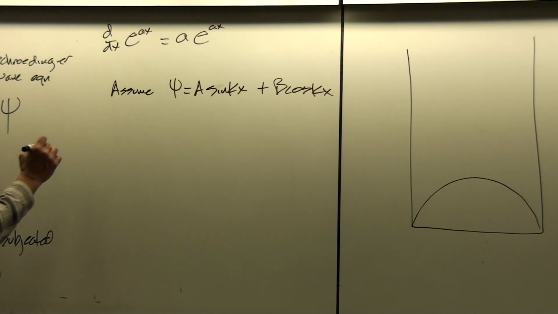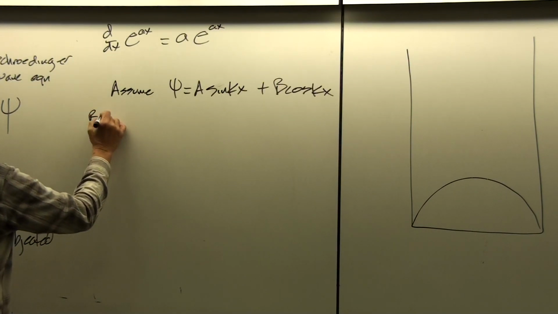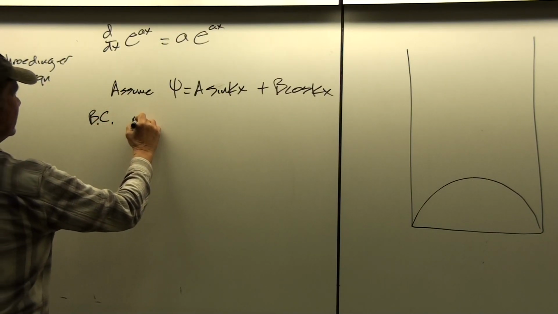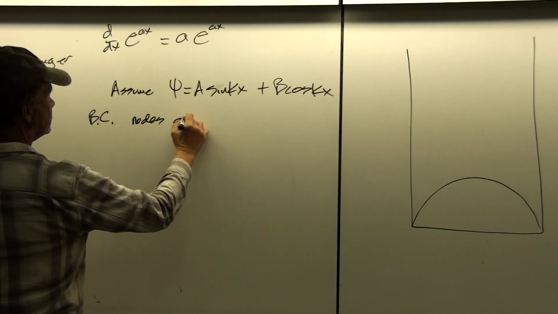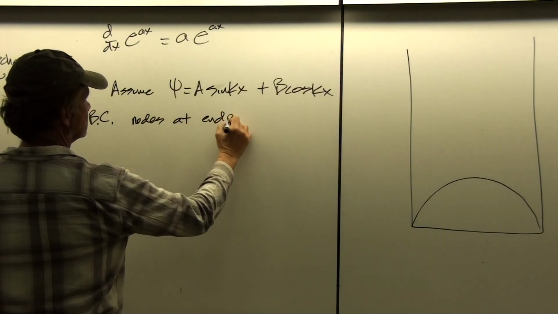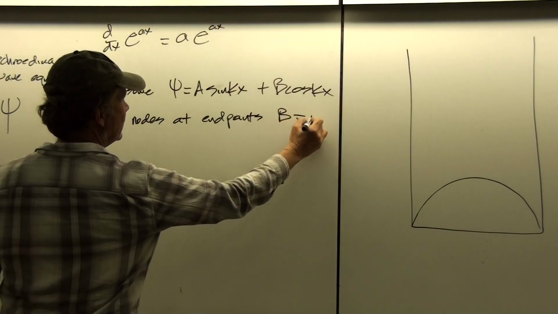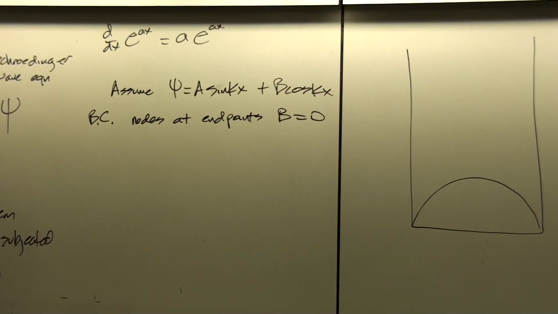Now, because we have boundary conditions of nodes at the endpoints, this requires then that B coefficient equals 0.